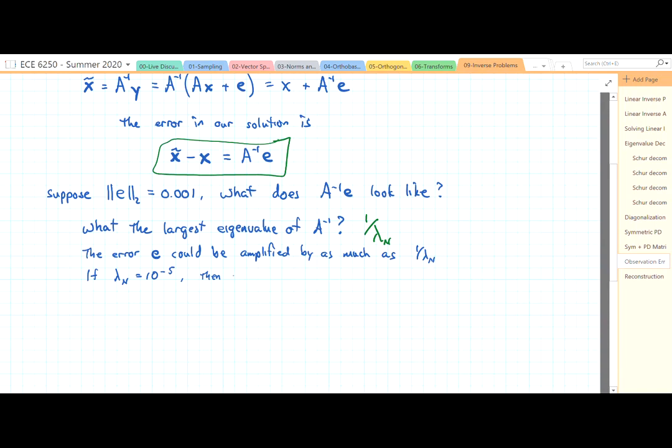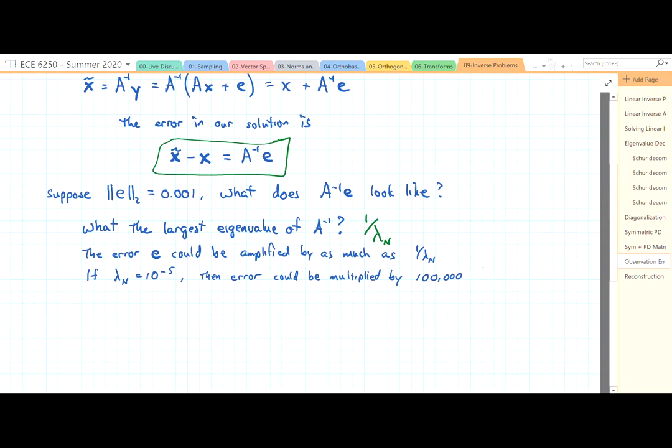Then the error could be multiplied by a large amount. By what? A factor of 100,000.